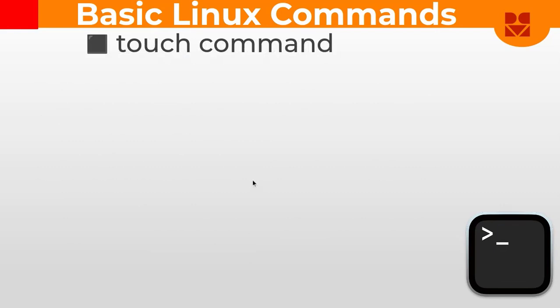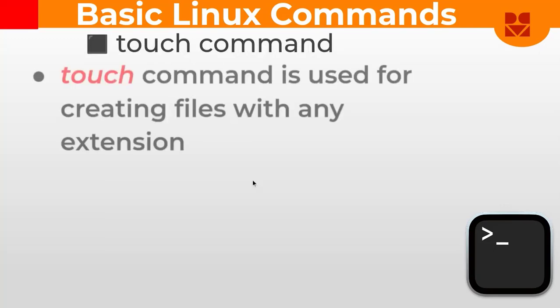Okay, so the next command we'll look at is the touch command. Now we've been able to create folders or directories, and we've been able to view the contents of these directories, and then move from the previous directory into the new directory we've created. Now we want to create files inside the directories. So we use the touch command to create files with any extension at all. Bear in mind that the extension is just to help the user know the type of file you've created.